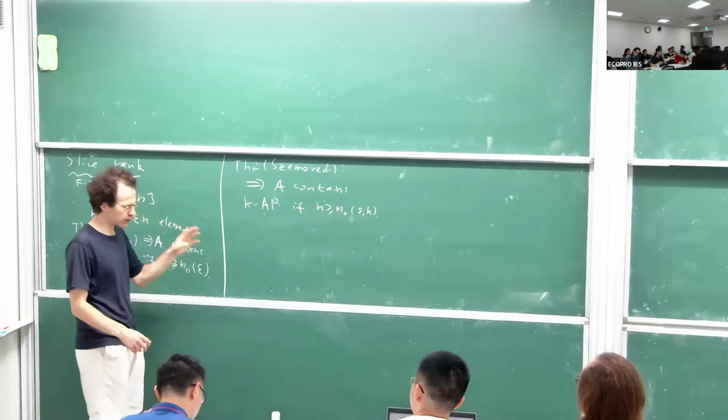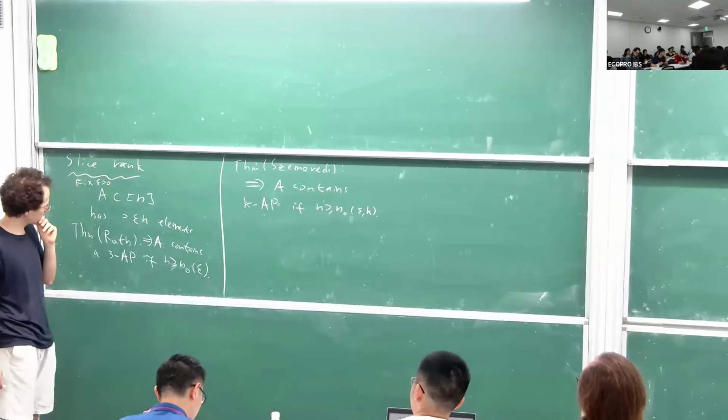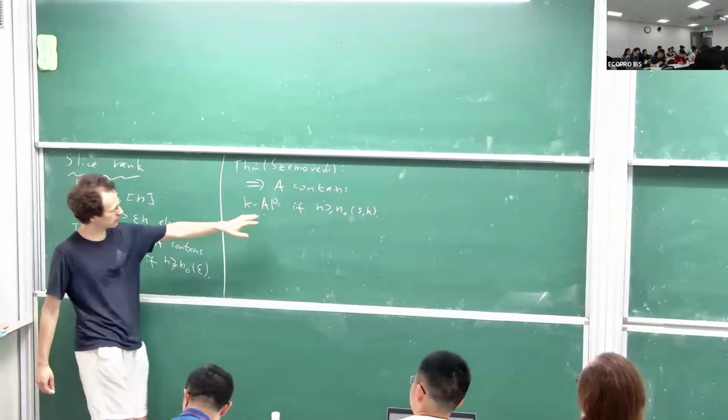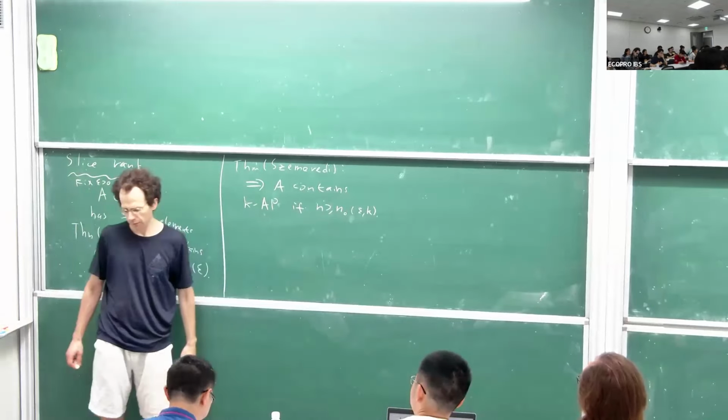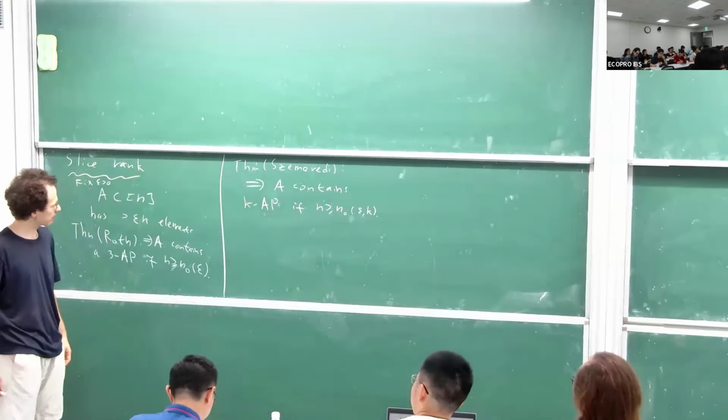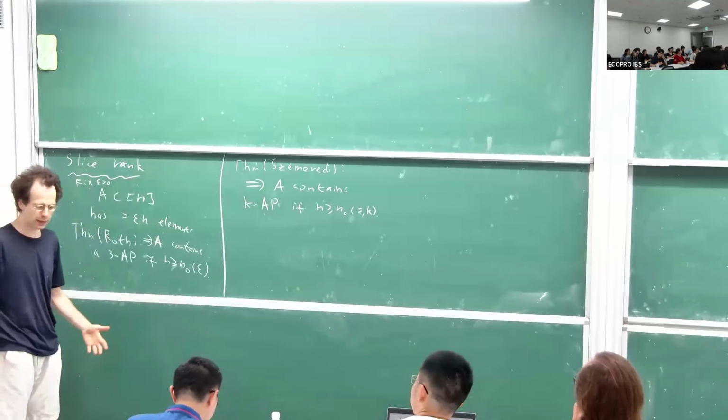Okay, but this is not what we're talking about, because there's a separate story about the bounds, how big this n has to be. Without going too long into this, let me say that the bounds are not great.